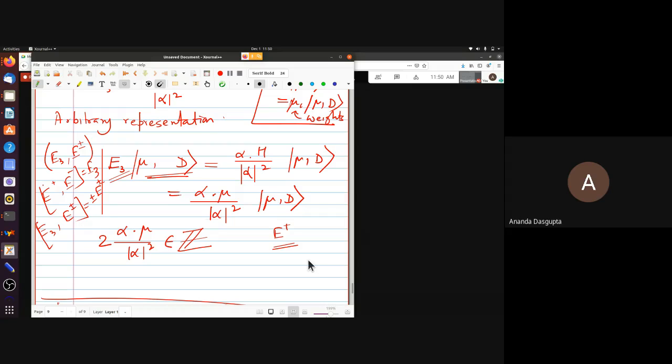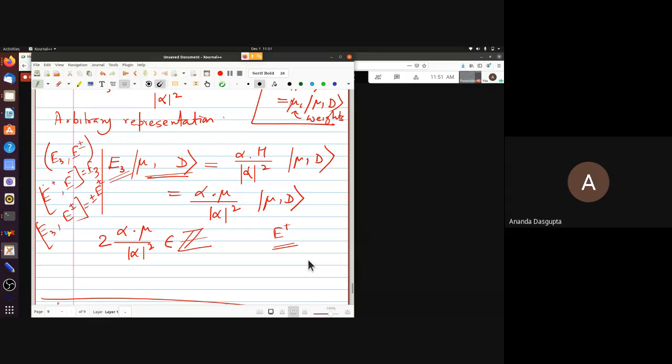This is quantum mechanics for angular momentum, nothing else. 2j must be an integer because unless 2j is an integer, you will not be able to go from minus j to plus j by raising or lowering. And if 2j were not an integer, then what would happen? Say j was 1.2. Then you will have a state with 1.2.